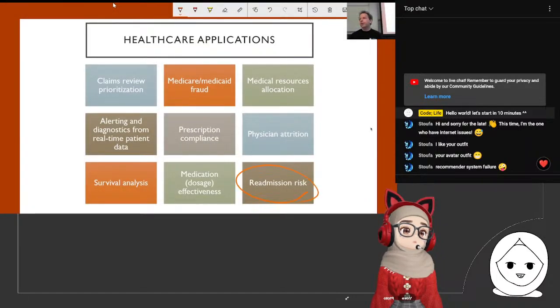What's the probability that this patient is going to come back to the hospital? And readmission, depending on the details of the jurisdiction and so forth, can be a disaster for hospitals when somebody is readmitted, right? So if you find out that this patient has a high probability of readmission, what do you do about it?